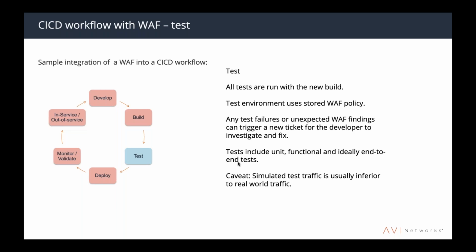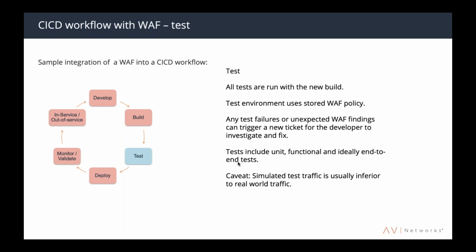But the next one is the test step, where all tests are run on this new build. For example, we did a security test run with the OWASP ZAP. Since the policy is stored, we have the policy in place, so it will be used in any of the testing. If any functionality fails, then you can go back and iterate on this as well.